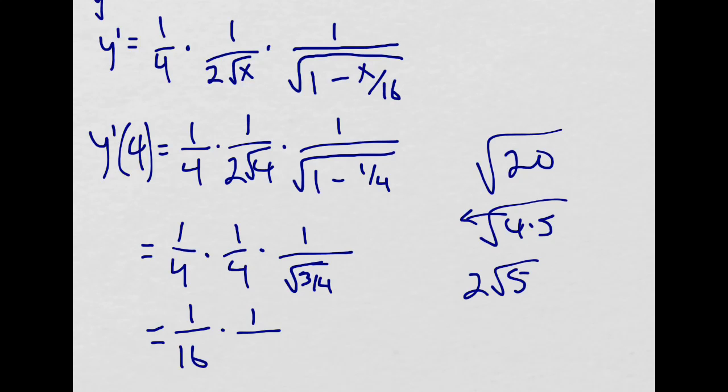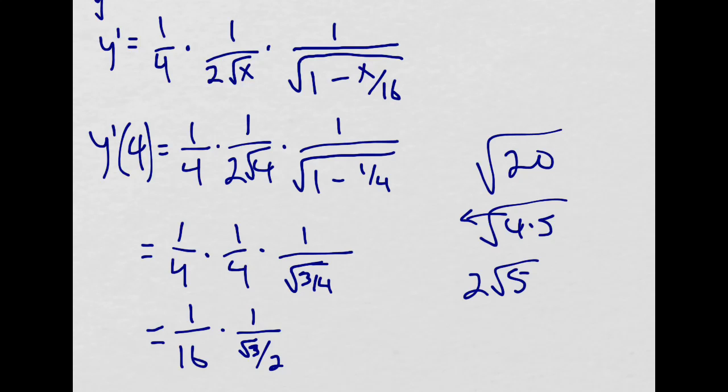So that's what I'm going to do here with this 3/4. I'm going to pull the 4 out of the root and turn it into a 2, but it's over 4, so it's going to be over 2. So I'm going to have root 3 over 2.